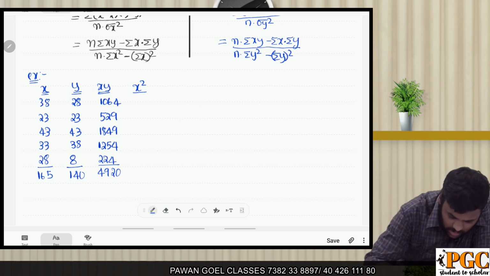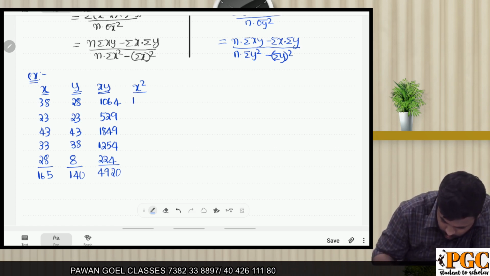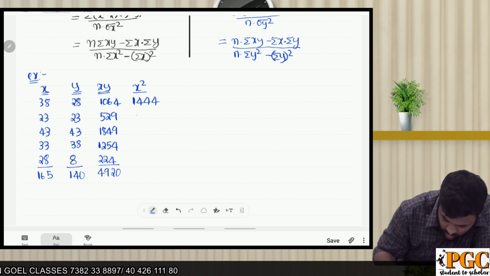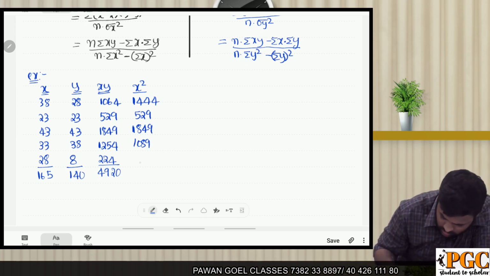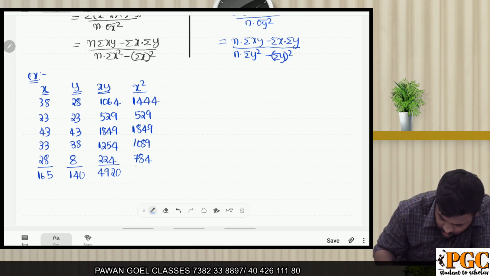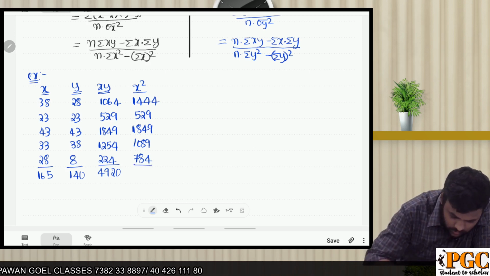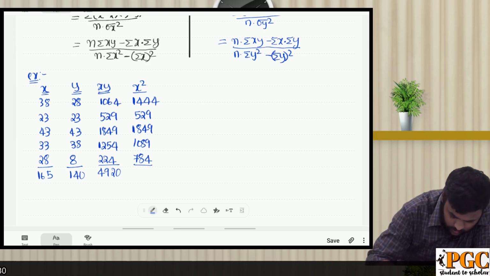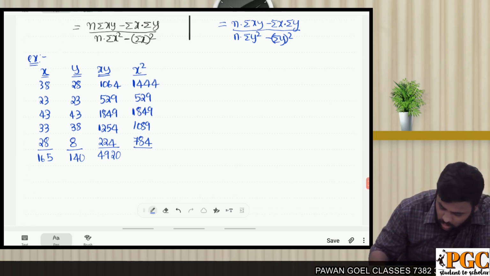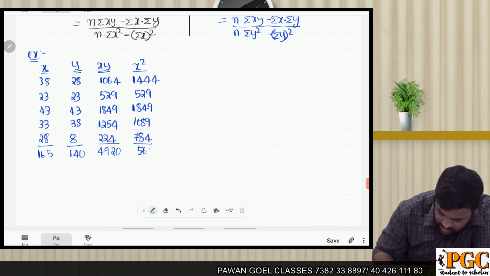That is 38 into 38, 1444; 23 into 23, 529; 1849; 33 into 33, 1089; 28 into 28, 784. Now let us add all this. So the total comes out to 5695.